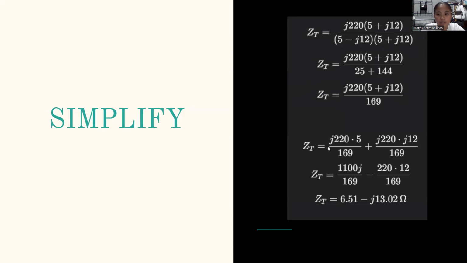Simplifying further, j220 multiplied by 5 over 169 plus j220 times j12 over 169, giving us 1100j over 169 minus 220 times 12 over 169. So ZT is equal to 6.51 minus j13.02 ohms.